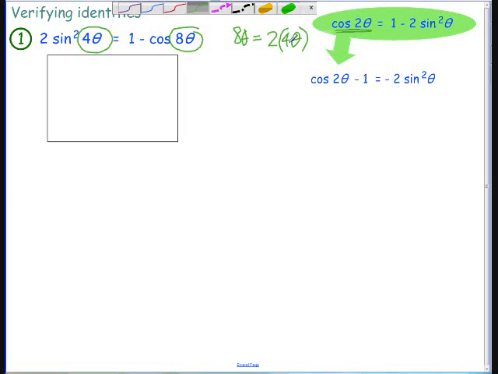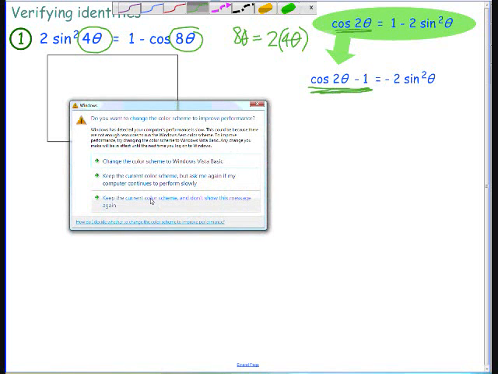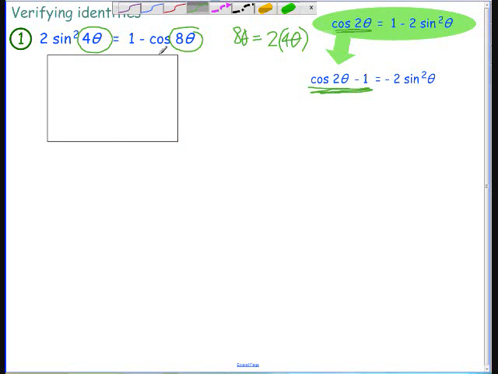From double 4 theta to a single 4 theta. We can rearrange this by subtracting 1 from both sides. And now we have something that looks sort of like this.